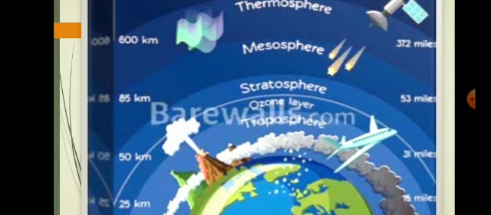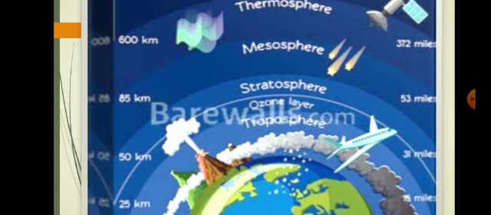Next layer, the fourth layer, is the thermosphere. It extends from 80 to 600 kilometers above the Earth's surface. It is located highest above the Earth's surface. So, as it is located highest, this layer is the hottest layer in the atmosphere.